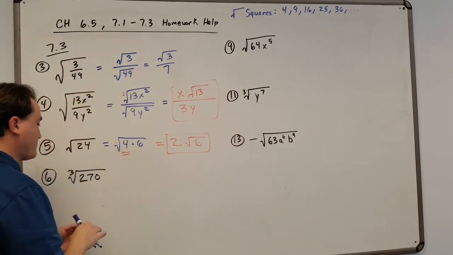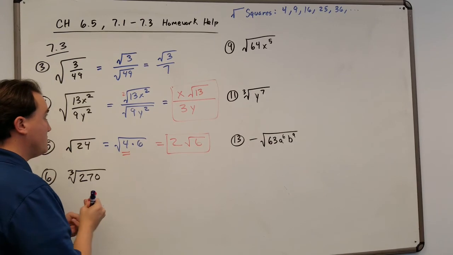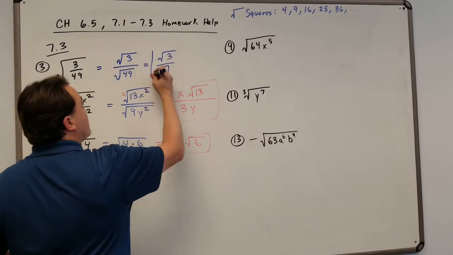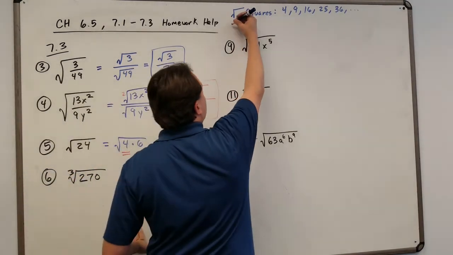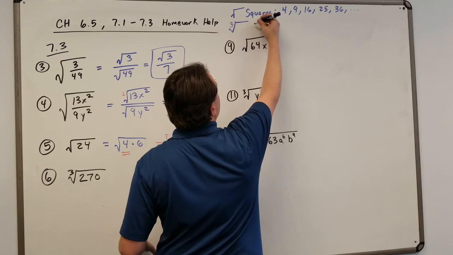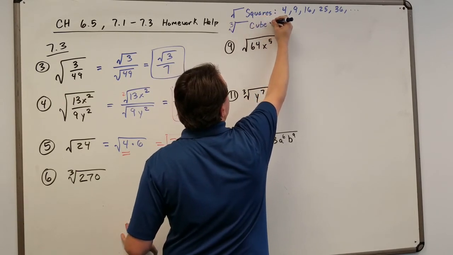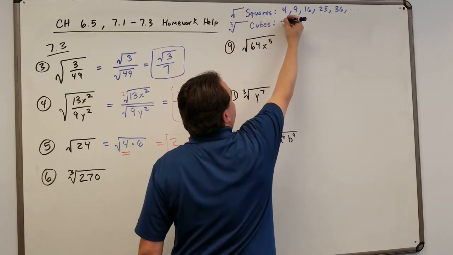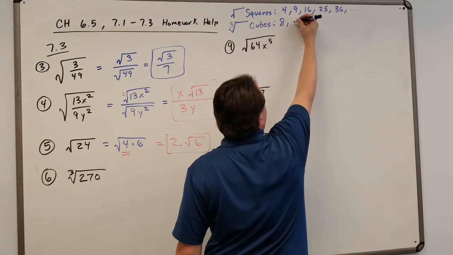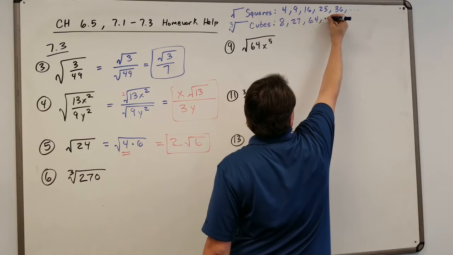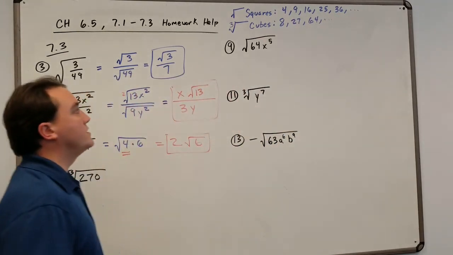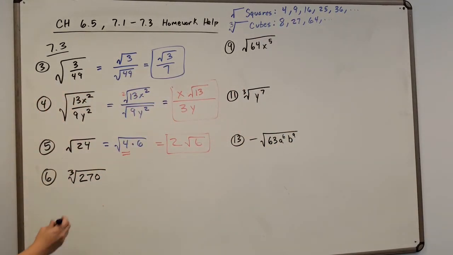Okay, so now we have a cube root. So for cube roots, 2 cubed is 8, 3 cubed is 27, 4 cubed is 64, so on and so forth. You're dealing with those numbers, so you have to split this up.